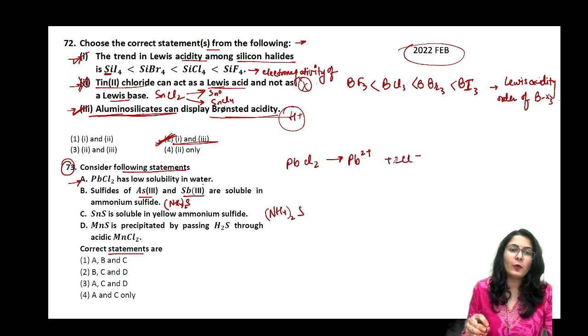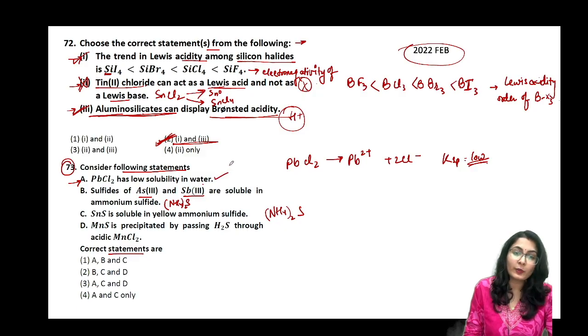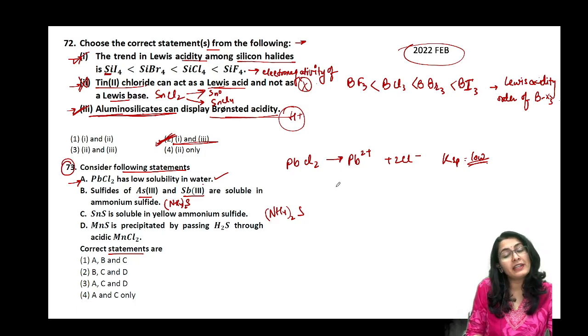PbCl2 has low solubility in water because lead is a heavy metal, and this is true. It has a low solubility product, the Ksp value is low. That's why this is correct. Sulfides of arsenic and antimony are soluble in ammonium sulfide. Why will it not be?